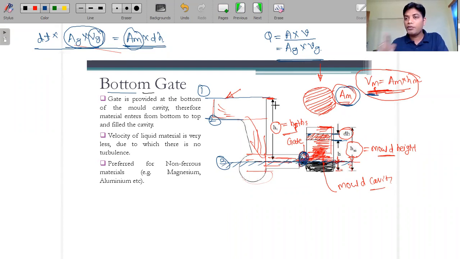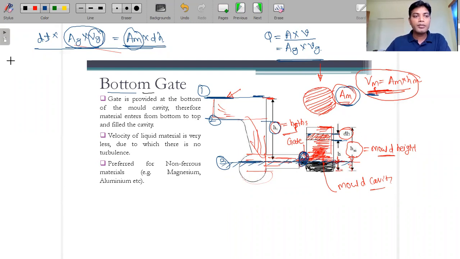Now if you want to calculate the velocity, we are not considering hs and hp separately; we are considering ht, which equals hp plus hs, the total height from the pouring basin. So let's apply Bernoulli's equation, which here will be applicable between point 1 and point 3.